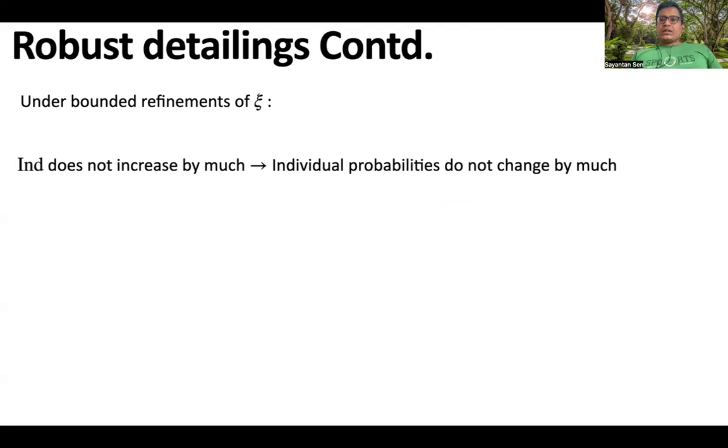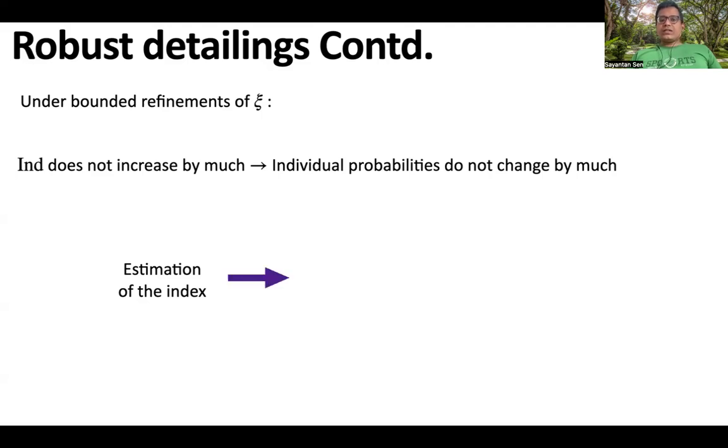We capture this by estimating the index of the detailing at the very beginning and after doing a bounded size refinement. So to check whether a detailing is robust, we need to estimate the index of a detailing. We design a suitable subroutine for this purpose.